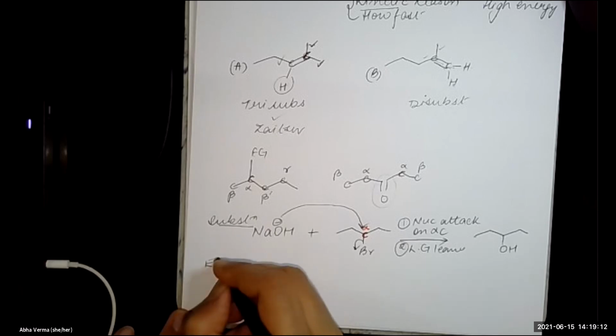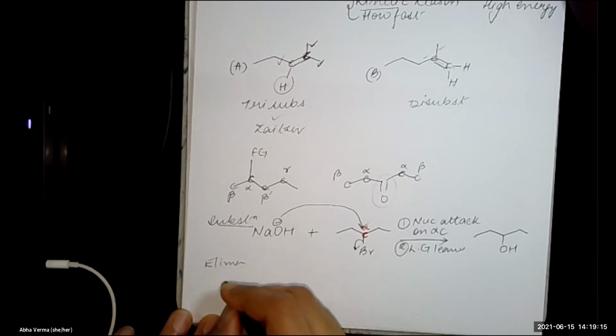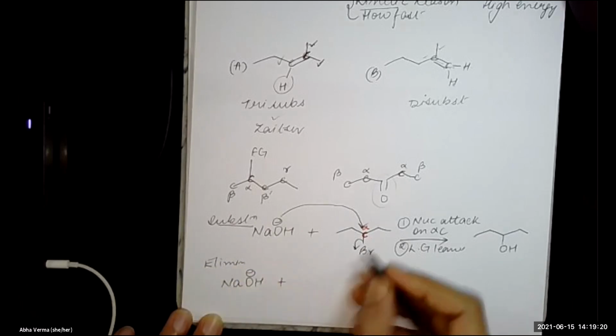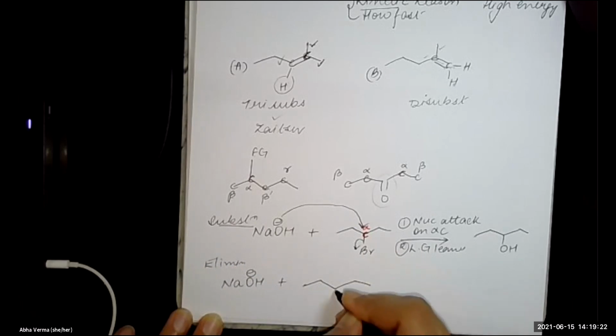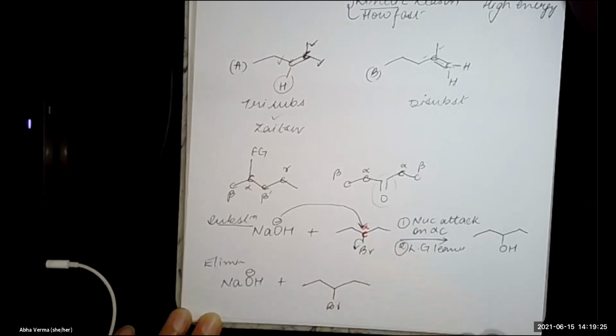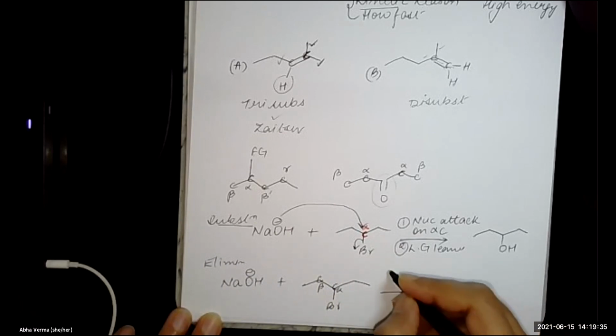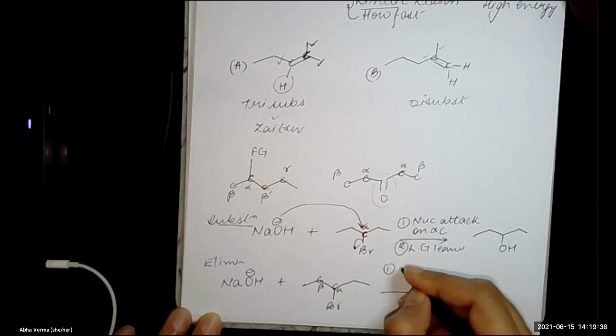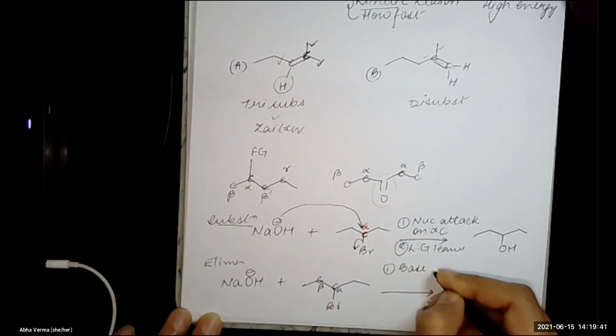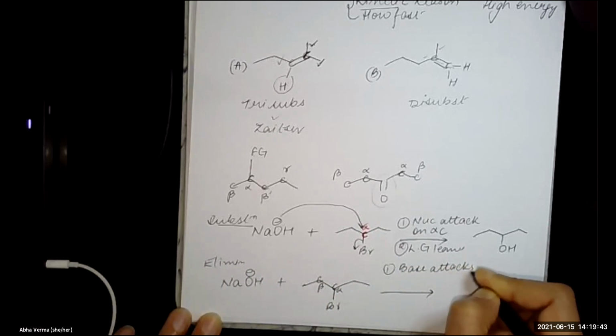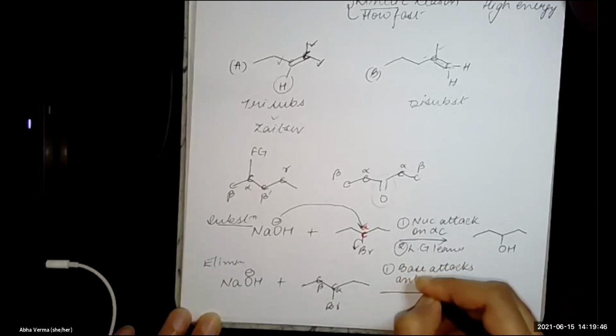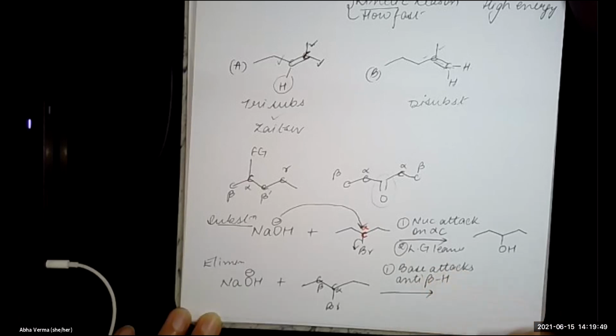But when the elimination occurs, I have my base or electron donor, and look at it. I'm going to draw the same structure. This is my alpha carbon. This is my beta carbon. The first thing that happens is the base attacks the anti-beta hydrogen.